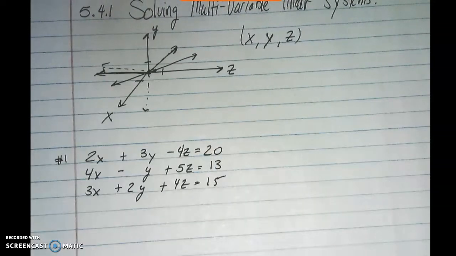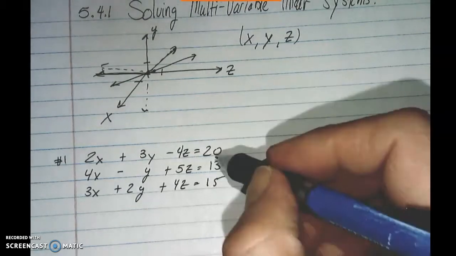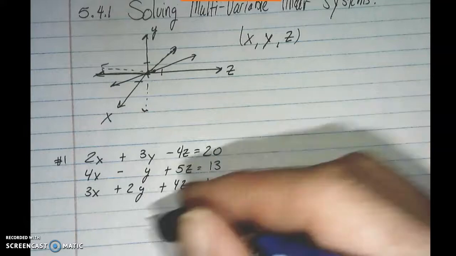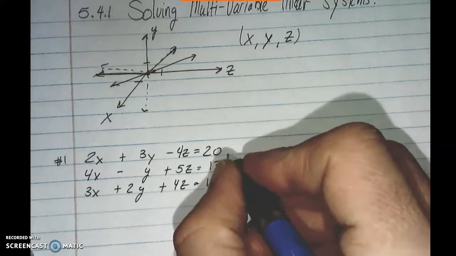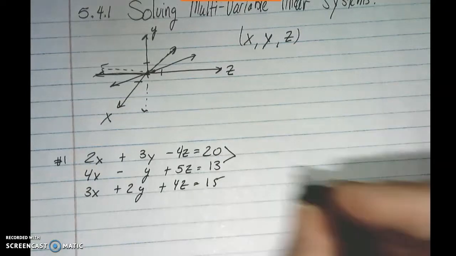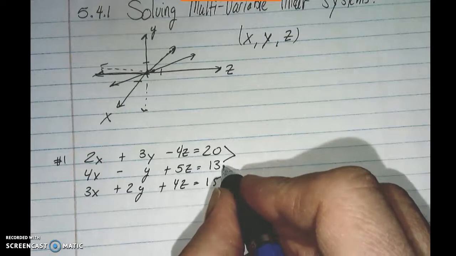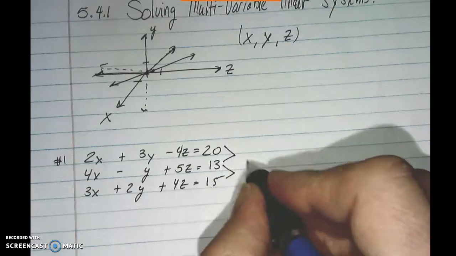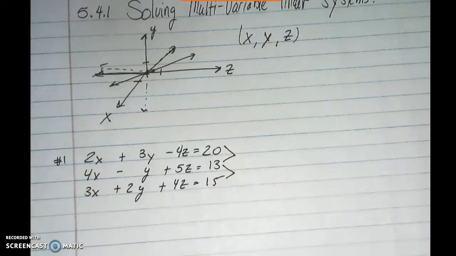So what we're going to do is use a combination of two equations to eliminate one of the variables, okay? So what I mean by that is we could say, well, I'm going to use the first and second one, and then I'm going to use, say, the second and third one, and then I'll use these two new equations to eliminate to one variable, okay?